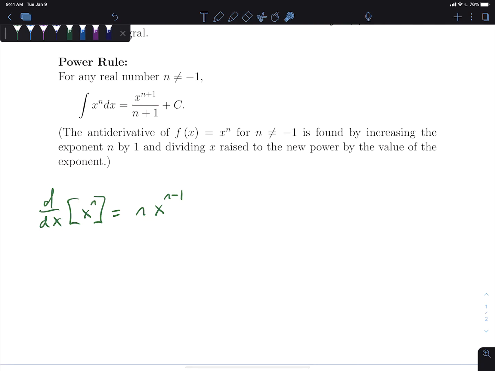Instead, we're going to divide by whatever is up here when we have the n plus 1. And of course, down here, the antiderivative of f of x equals x to the n for n not equal to -1 is found by increasing the exponent n by 1 and dividing x raised to the new power by the value of that new exponent.